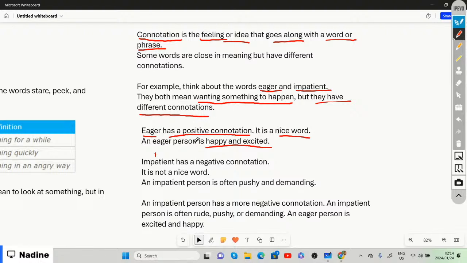So we said eager has a positive connotation because it is a very nice word, and an eager person is very happy and the person is excited.